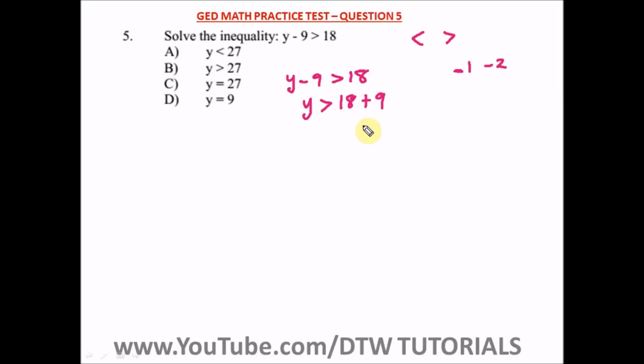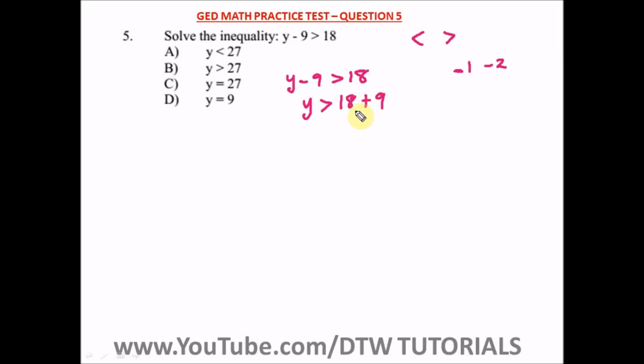You can check out that video if you are confused about how signs change when they move from one side of the equal sign to the other, and when you multiply or subtract.